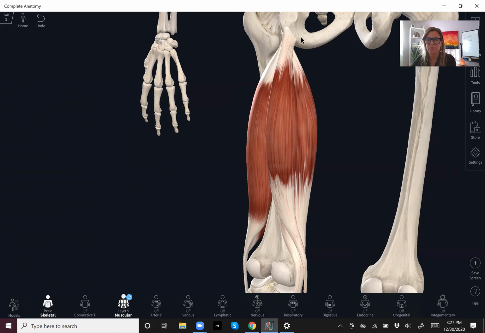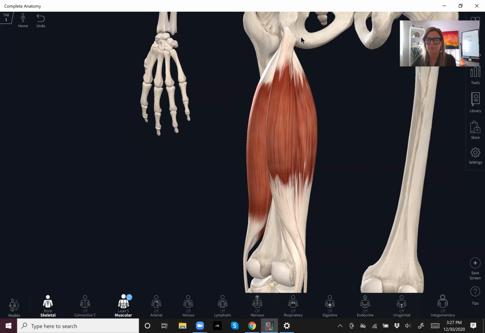You can kind of see if we click on this one. Oh, there we go. Good. So this is called the biceps femoris tendon, and you'll learn how that relates to this muscle, but it connects, you can see here, on the fibula.